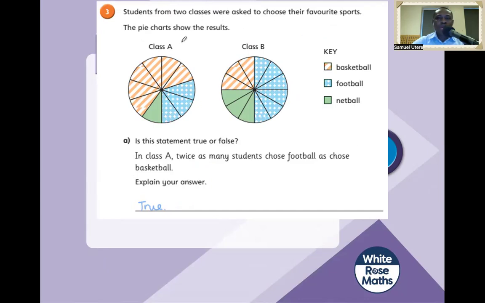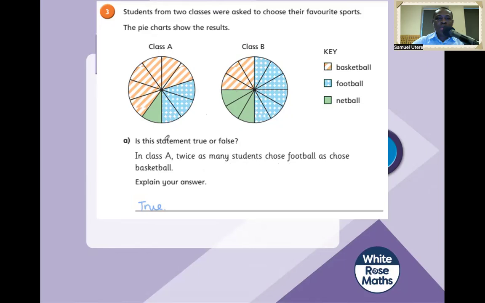The pie charts show the results. Here are the pie charts. And you've been asked, is this statement true or false? So you're told in class A, twice as many students choose football as chose basketball.